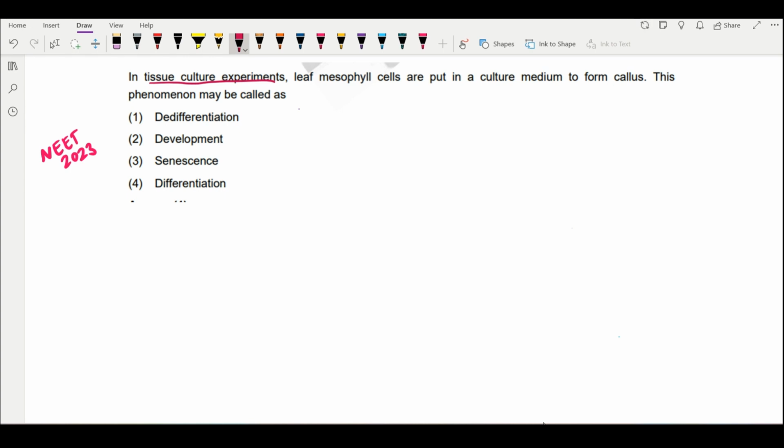In this experiment, leaf mesophyll cells were put in the culture medium. The culture medium is nothing but a Petri plate onto which you add medium, a substance rich in nutrients, to form callus.